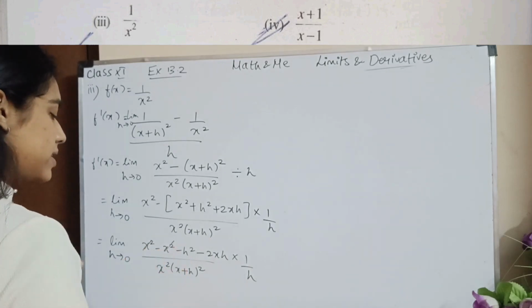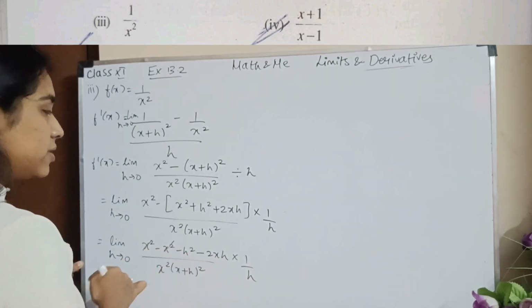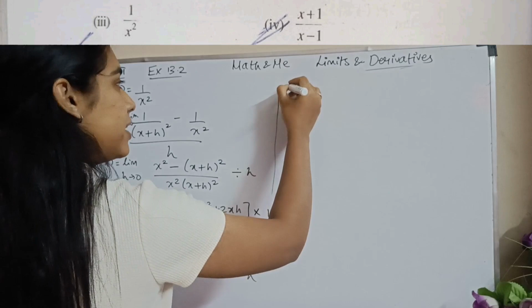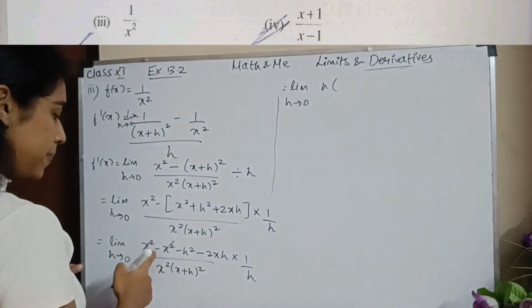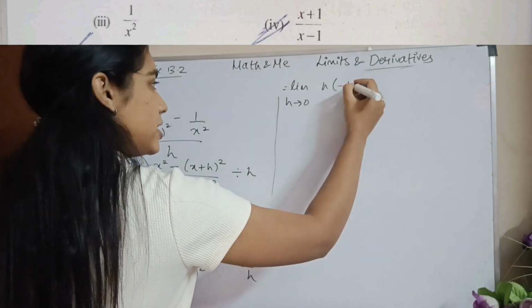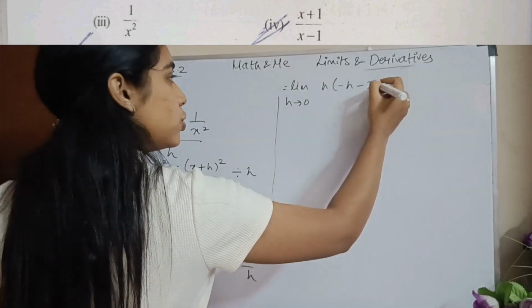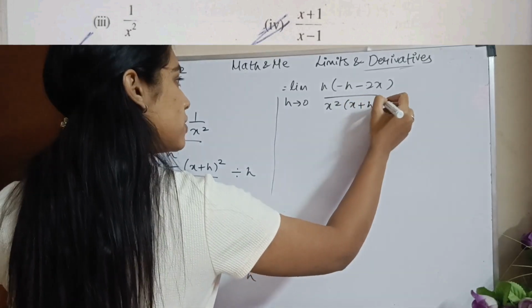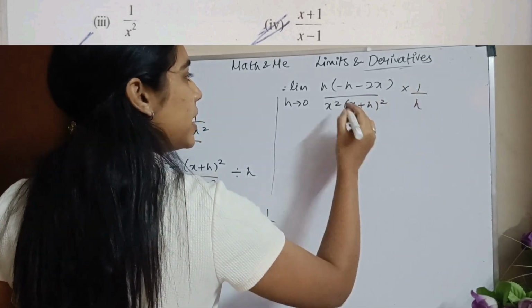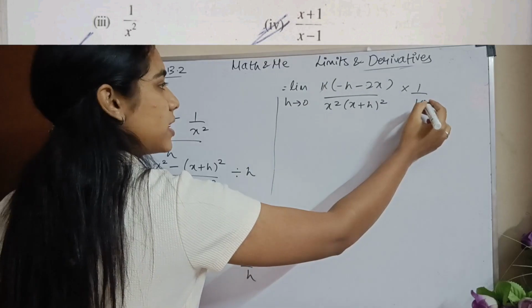x square and the x square gets cancelled. I'm going to take the h outside from the numerator. So I have limit h tends to 0 of h of minus h minus 2x divided by x square into x plus h the whole square times 1 divided by h. h and the h gets cancelled.